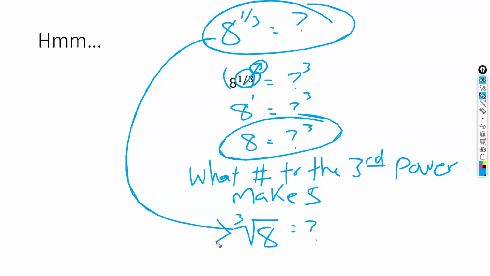All right, let's take a look at another example really quick, though, before we get too comfortable. Let's say we had 8 to the 2/3 power. Well, for this one, I could rewrite it like this, can't I? Kind of using the same rule, just working backwards. I'm going to take the 2 out and put it out there as another power, because if we multiply 2 times a third, we get 2/3, right?